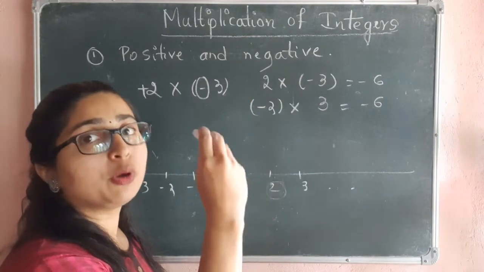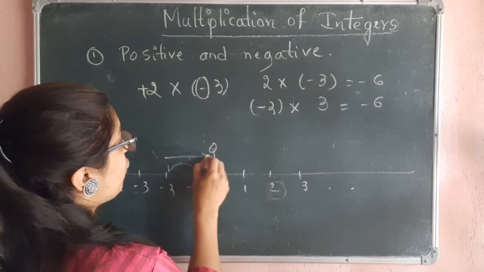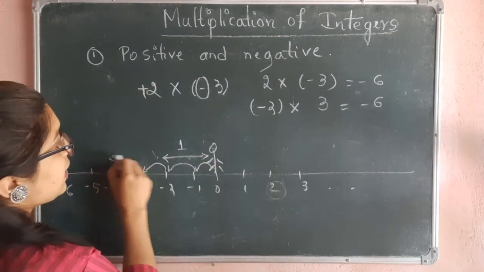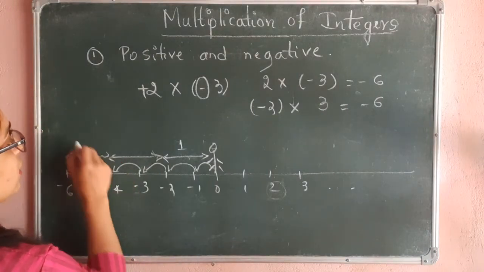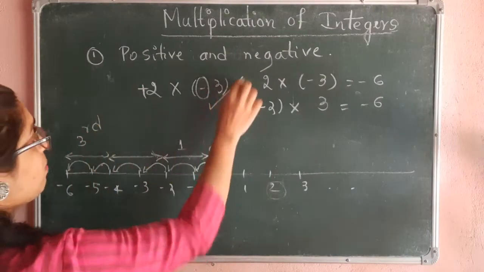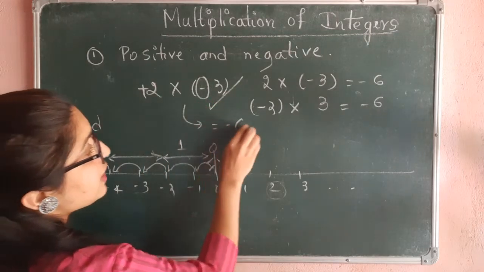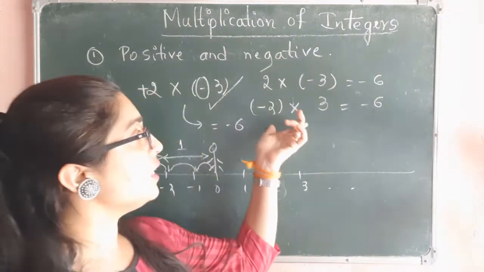And what is the group? 2. So first 1, 2, and this is my first jump. 1, 2. This is the second jump. 1, 2. And this is my third jump. So third jump over and I have arrived at minus 6. So the answer is minus 6. It's proved.